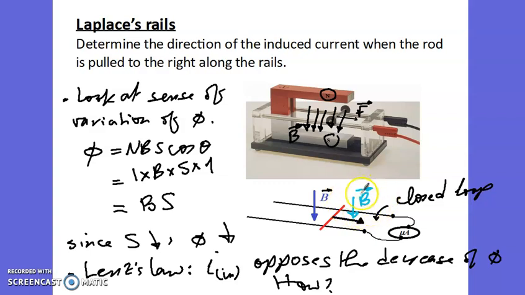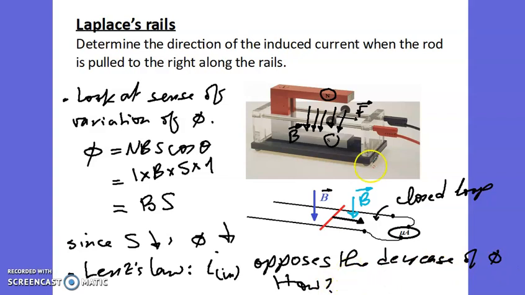So you know that an electric current in a wire creates a magnetic field. Is that true? And the electric current here is the induced current. So we have to create an induced magnetic field. Let me draw it using red color. But you want to oppose the decrease of flux, right?